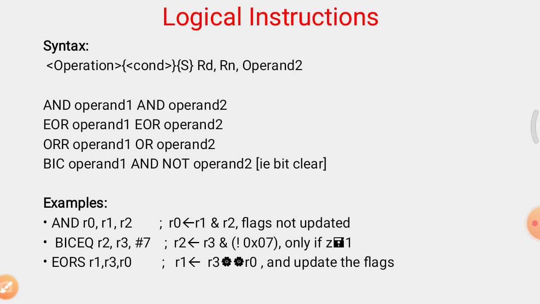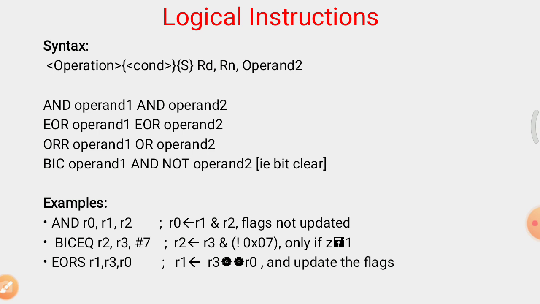BIC is bit clear, that is this instruction first inverts operand 2, then ANDs it with operand 1. So that is bit clear. Whichever bit is not required, it's going to be cleared. All these are logical bit operations.